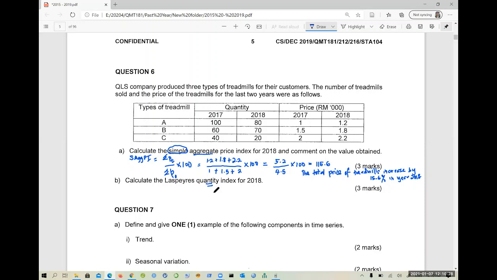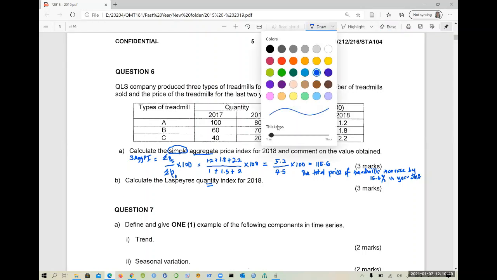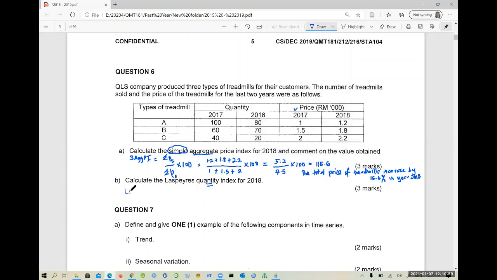So we are looking for the Laspeyres quantity index.